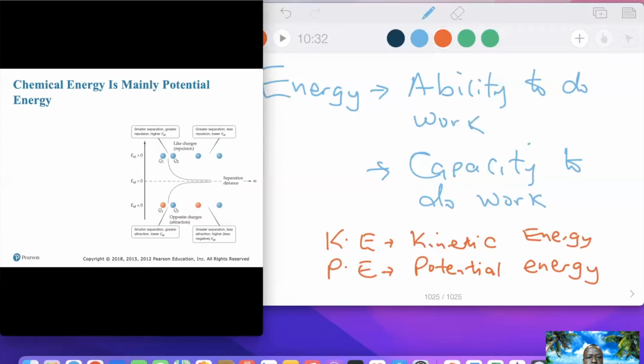Well, I'm not going to go in details or require you learn about the electron potential energy, which is just the energy associated with two charges attracting one another, the positive and negative. When they are far apart, right? When they are far apart, they don't feel anything.